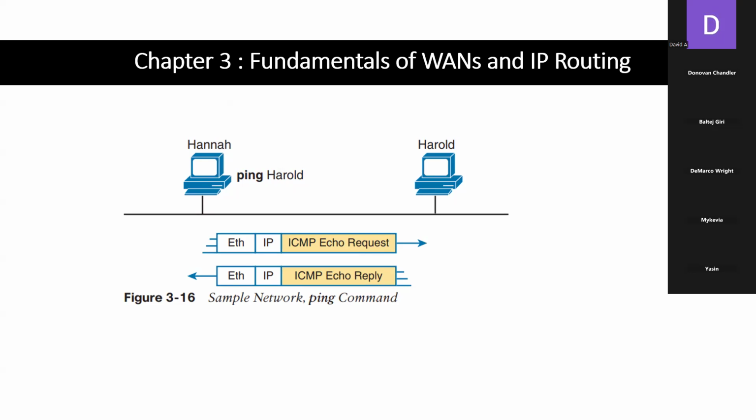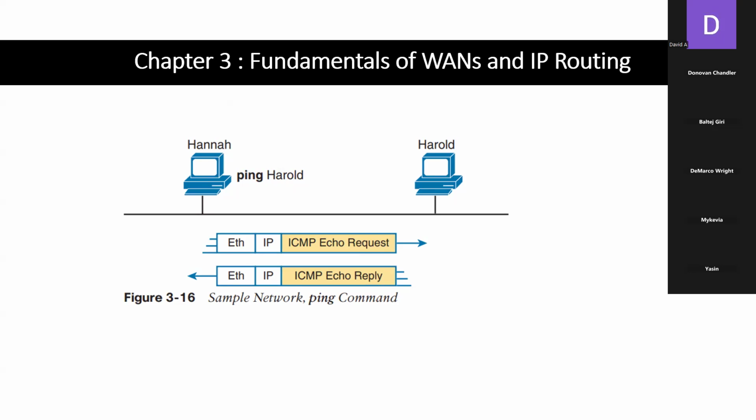Well, the primary tool for testing basic network connectivity is the ping command. So ping, and I want to make this specific distinction because this is going to be on the exam. Ping uses Internet Control Message Protocol, so ICMP.